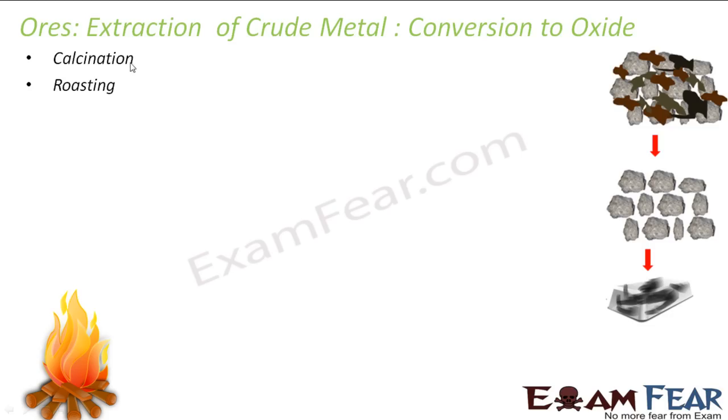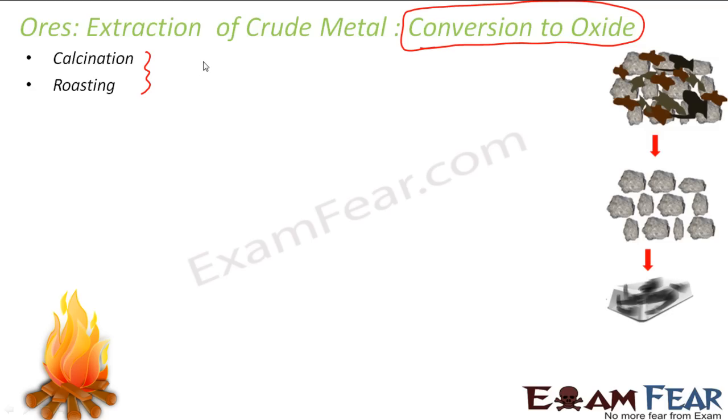What we do is convert to oxide. As I told, sometimes the sulfides and the carbonates we convert to oxide first, and then we reduce oxides to metal. So this is the first part. In both calcination and roasting, we first convert the sulfides or carbonates to oxide.